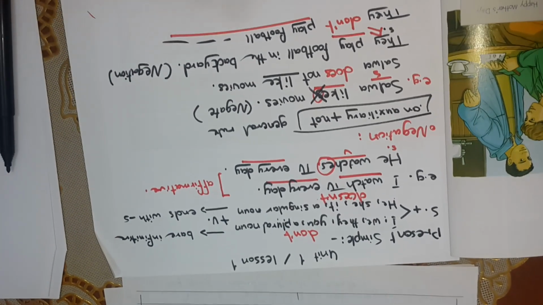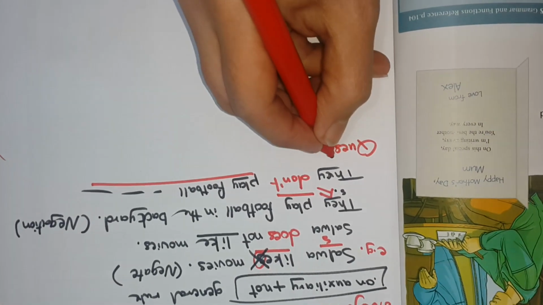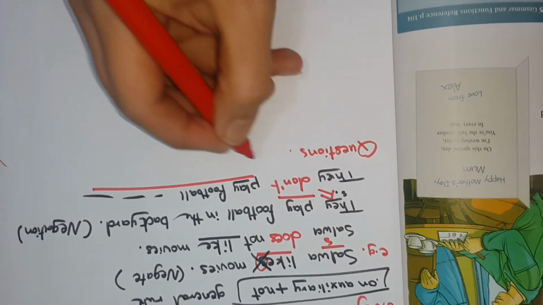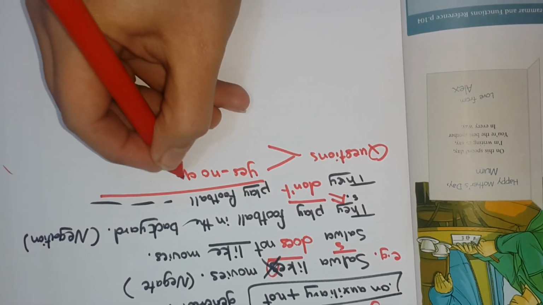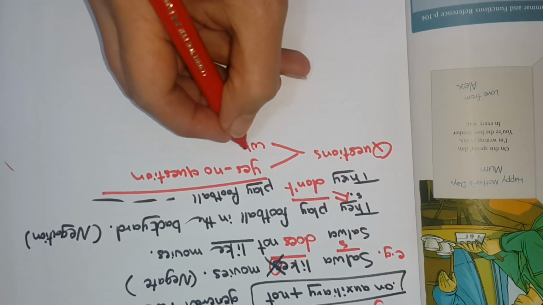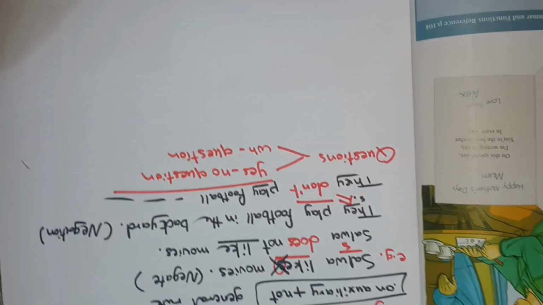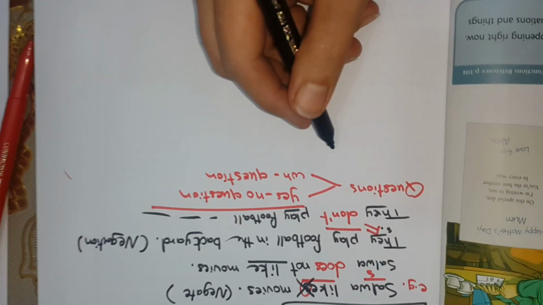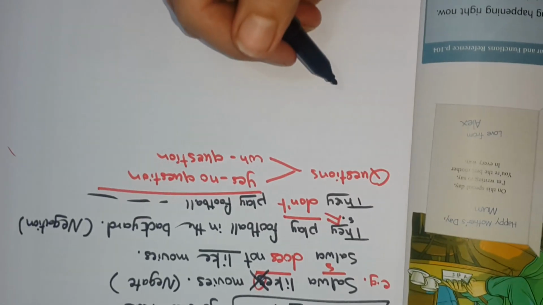Now, we will talk about questions. As you know, we have two types of questions. Either a yes-no question or a WH question. Let's start with a WH word. Let's talk about the present simple questions.